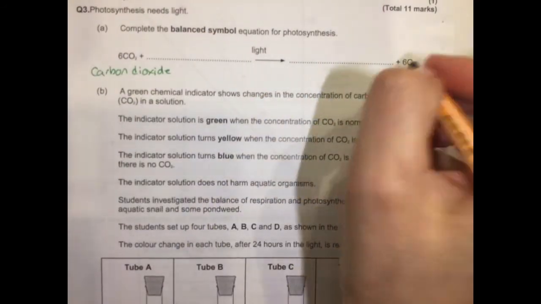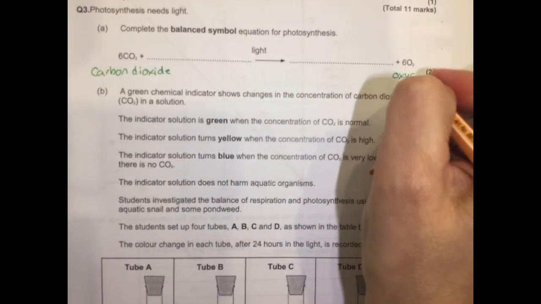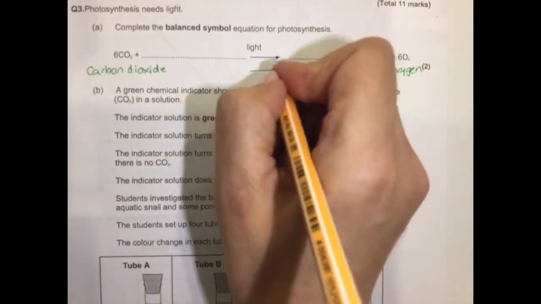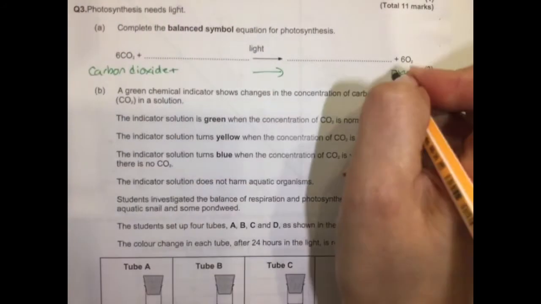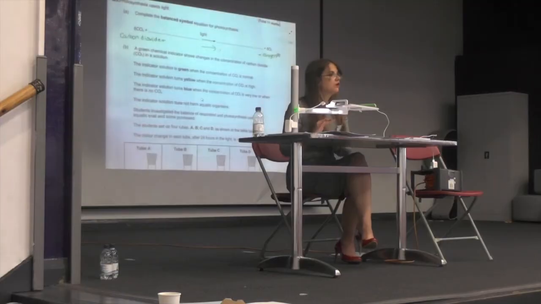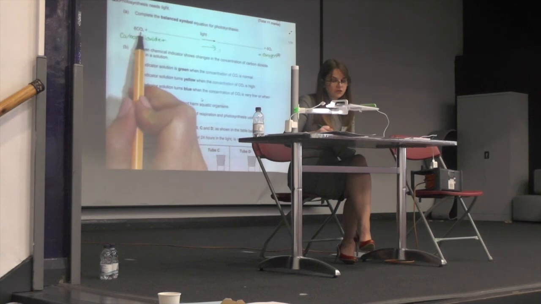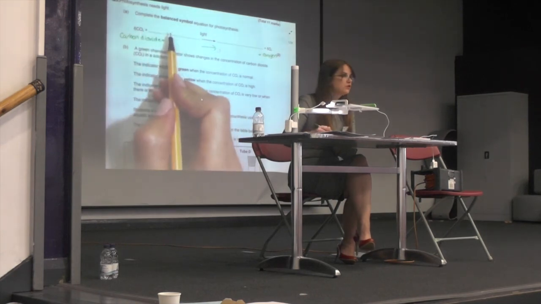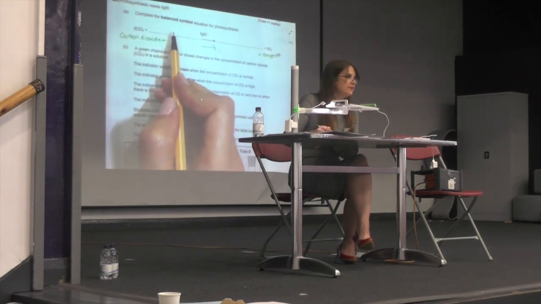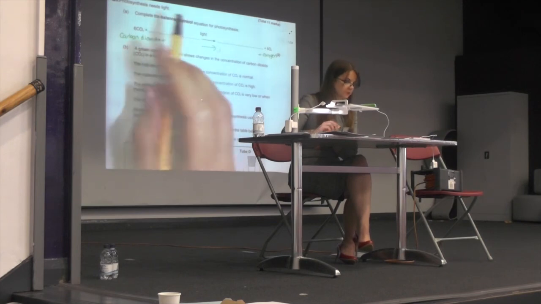It has given us oxygen. So we've got that reaction. If you can't do the symbol equations, have a go at the word equation. So we've got 6 molecules of carbon dioxide. What reacts with carbon dioxide in photosynthesis?